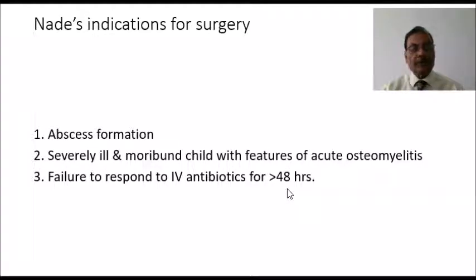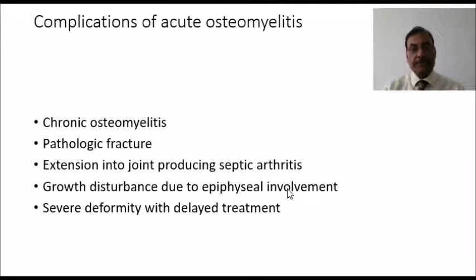Abscess formation is one of the indications for resorting to surgery. In case of a severely ill and moribund child with features of acute osteomyelitis, you have to do surgery. And if you have started medical treatment with IV antibiotics and there is no response in 48 hours, you have to resort to surgery.